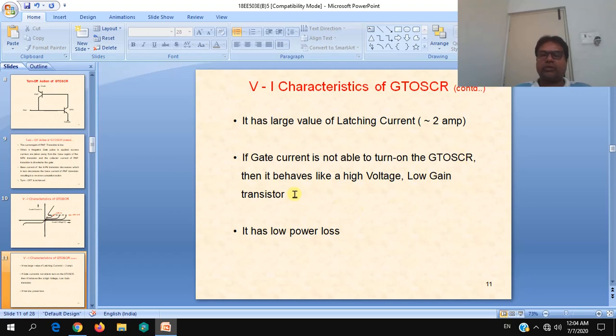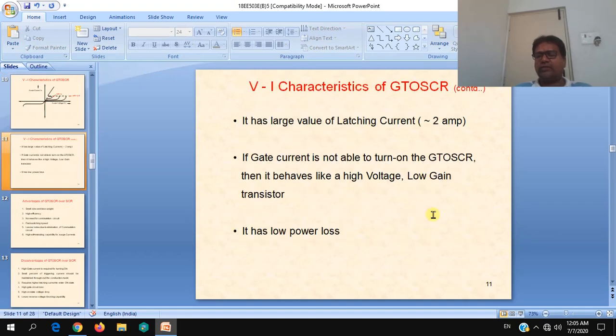So it behaves like a high voltage low gain transistor, that is, it will still be conducting, it will not fall into the blocking region, but it will work as if a low gain transistor with high applied voltage. It has low power loss when compared to SCR.